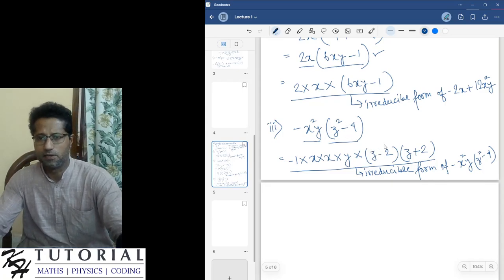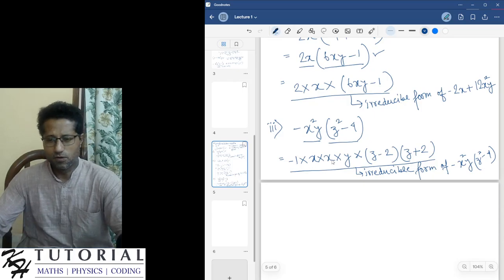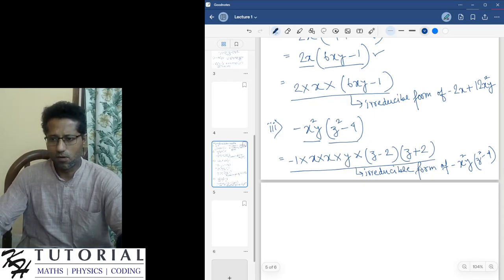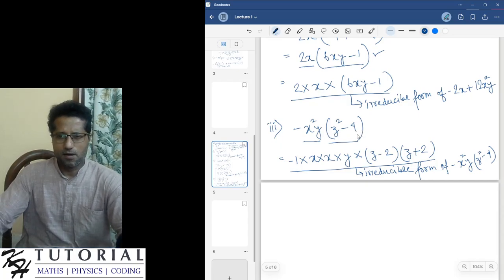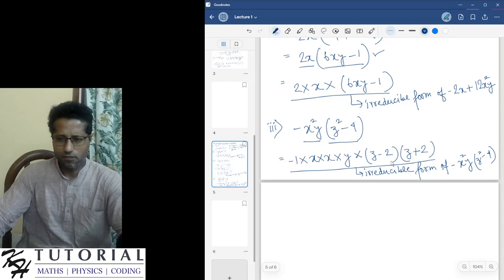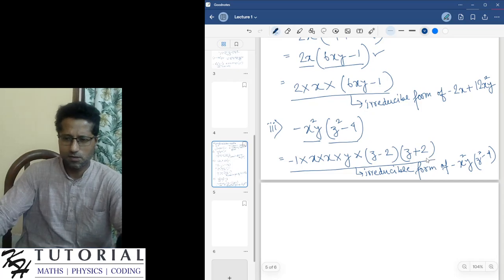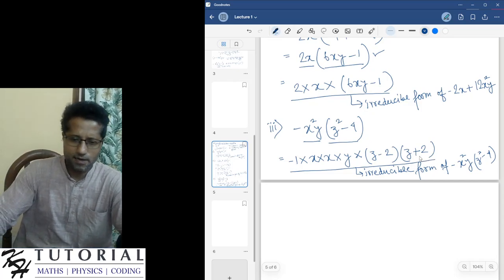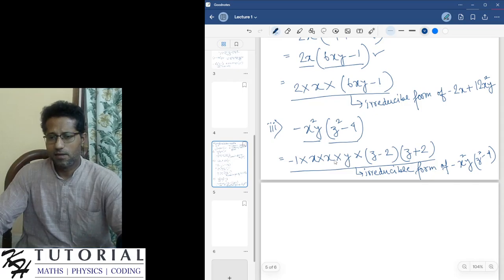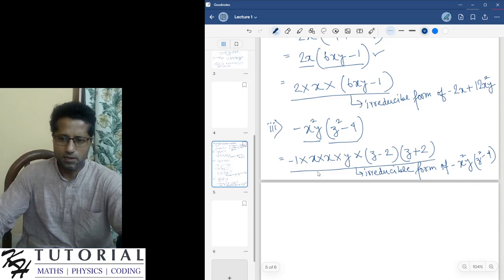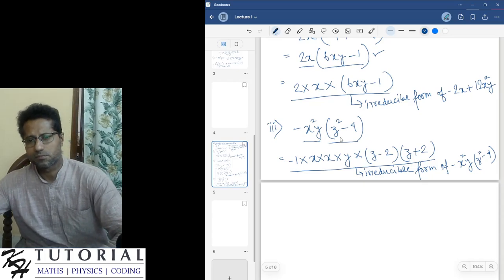This is the irreducible form of the factorized algebraic expression, because now you can see all the factors are irreducible factors. Z plus 2 is an irreducible factor because you cannot further express it as a product of two or more factors. Z minus 2 is also an irreducible factor. Similarly, y, x and minus 1 are also irreducible factors.